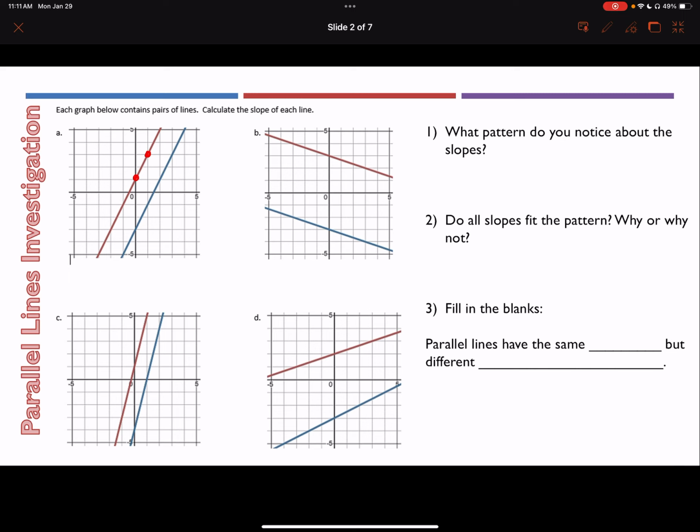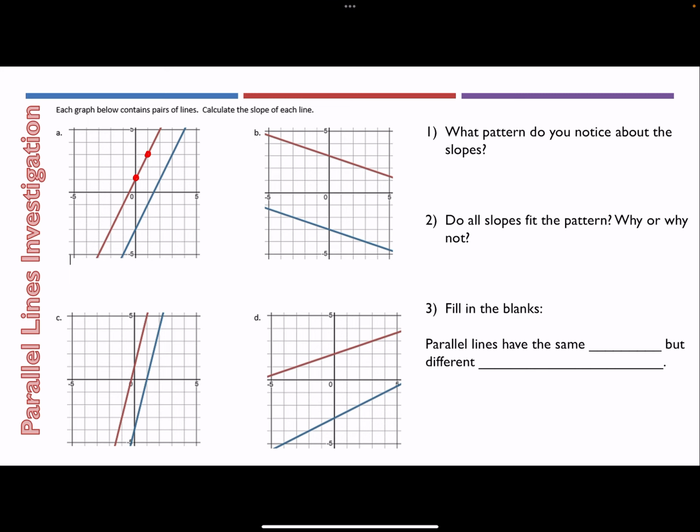Okay, so hopefully you went through this whole thing and counted some slopes and answered some of these questions, and hopefully you noticed some things. So I'm going to quickly go through and review the slopes with all of these graphs with you. So letter A, in graph A, when I count rise over run, the red slope is 2 over 1.